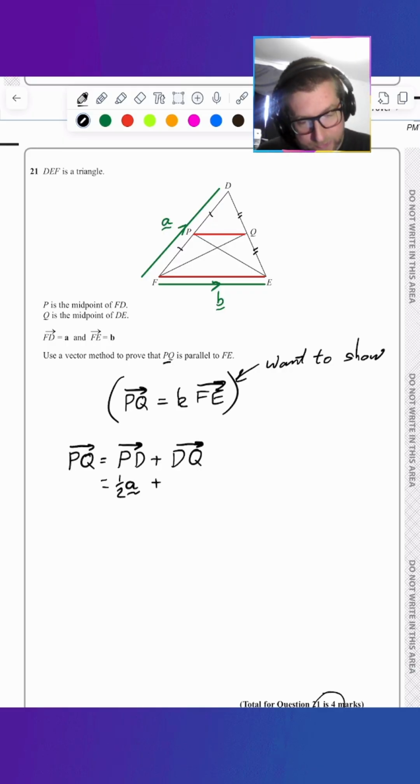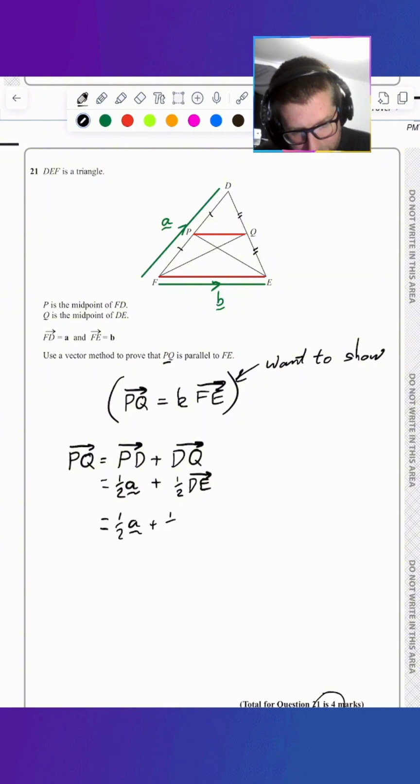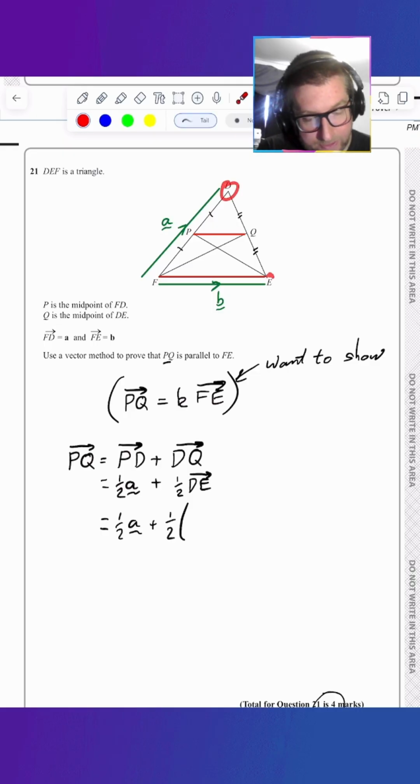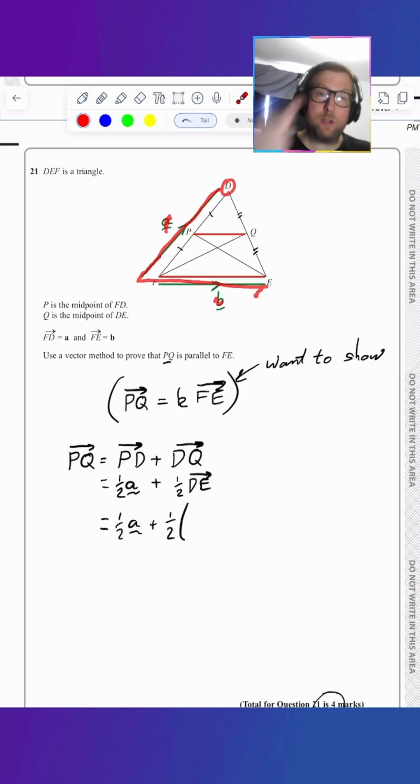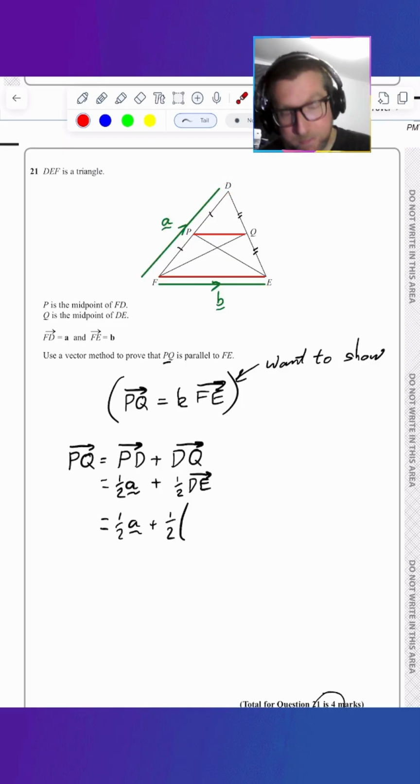So D to Q is going to be a half times D to E. What is D to E? Well, if we want to take a journey from D to E that only uses vectors A and B, we can start at D and go this way, going backwards along A, and then along here, going forwards along B. So if we've gone backwards along A, that's minus A, and then we've gone forwards along B, so that's plus B. So that's B minus A.